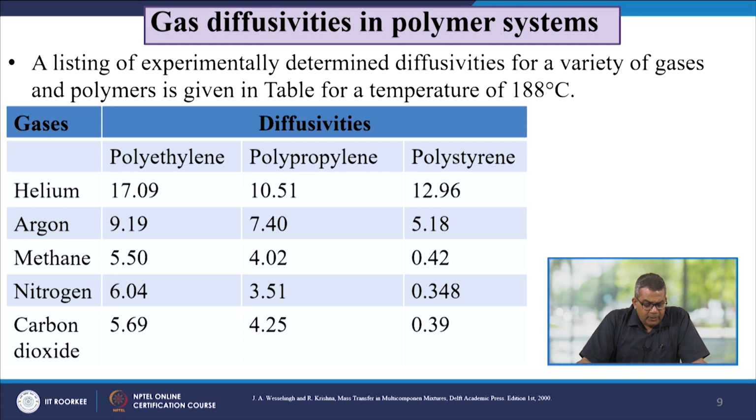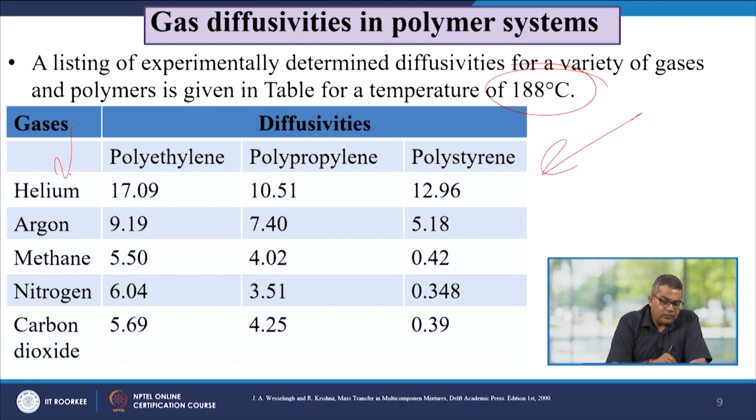Now, usually when we talk about gas diffusivity in polymer systems, there is some experimental demonstration. A listing of experimentally determined diffusivities for a variety of gases in a polymer is given in this table at a given temperature of 188 degrees Celsius.